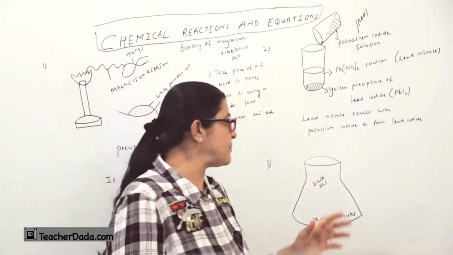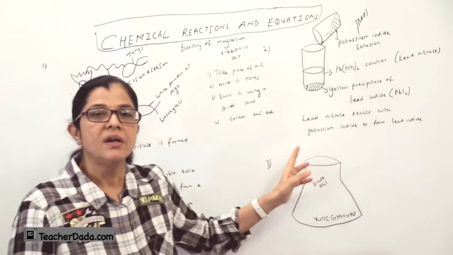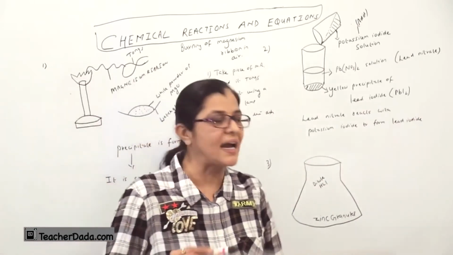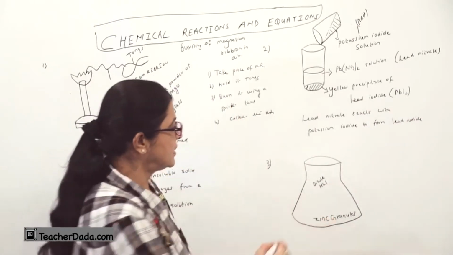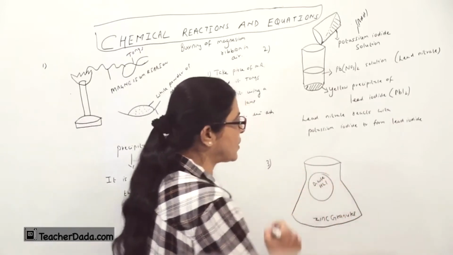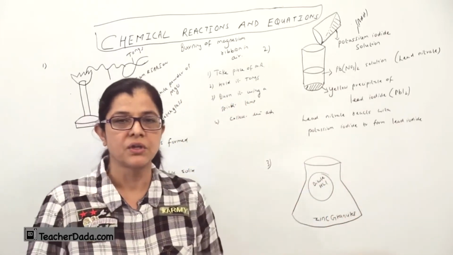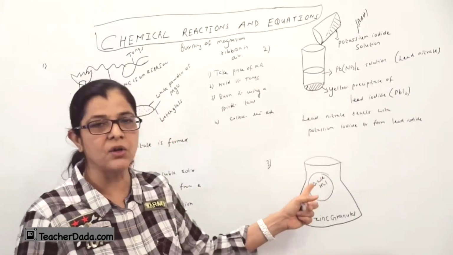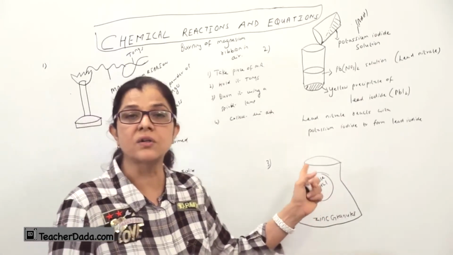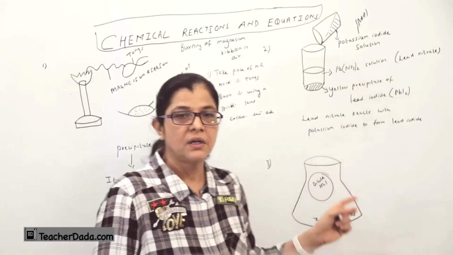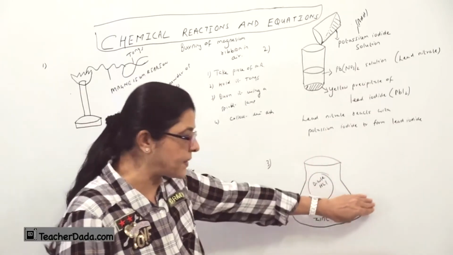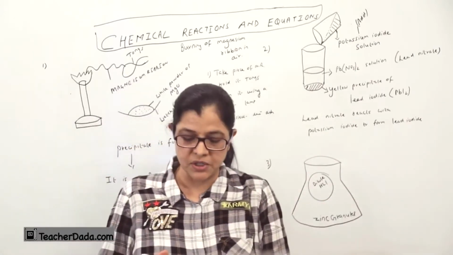Now the third experiment is to show the reaction between zinc granules and dilute hydrochloric acid. This is HCl, dilute hydrochloric acid, and zinc granules. You take a few granules in a conical flask, you add dilute HCl or dilute sulfuric acid to it, touch the conical flask and observe the change in the temperature. What will you observe?